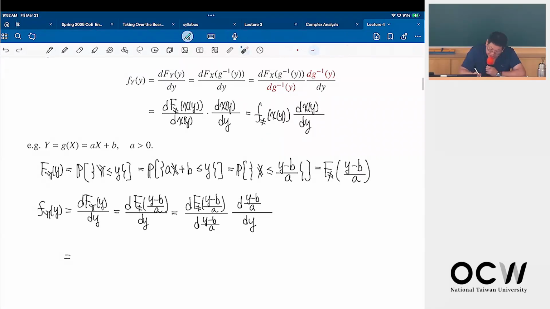What is the first term? You see, this is the derivative of your CDF of x. That is your PDF of x. And then the second term, you get 1 over a.